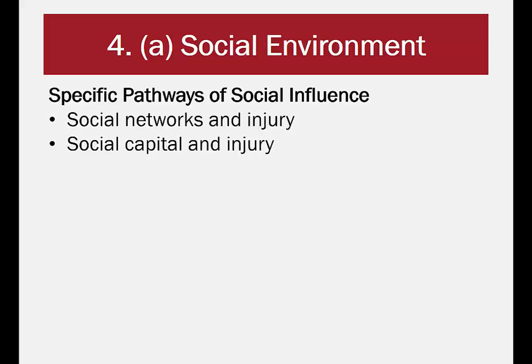Although there is not much evidence surrounding the relationship between social capital and injury, some studies have shown that social capital could play a protective role for certain health outcomes, including injuries, and that low social capital could be a risk factor for some injuries. Social norms generally define social organizations.